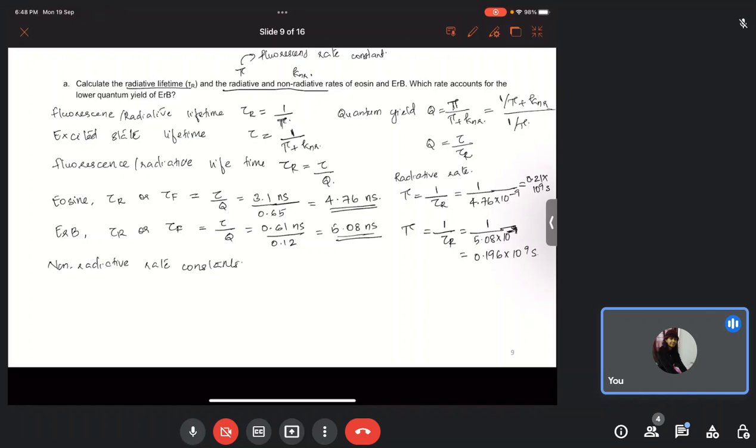Basically you have tau, which is a function of 1 by gamma plus k n r. This you can write as 1 by tau is equal to gamma plus k n r, which implies you can write KNR is equal to 1 by tau minus gamma.